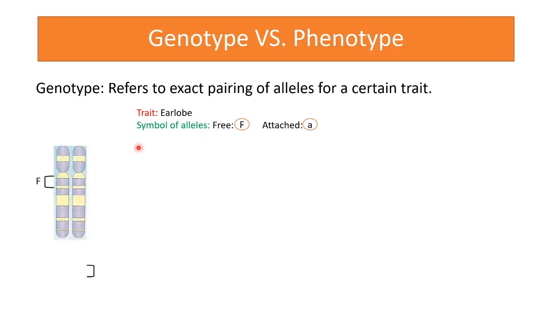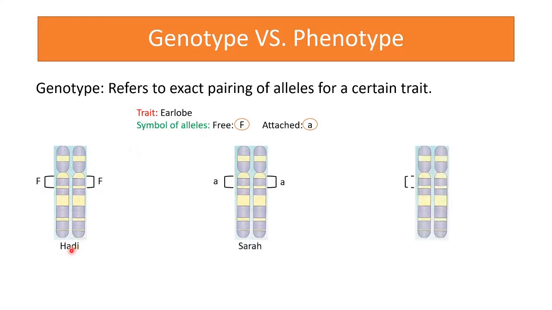In our example, if I'm going to take again the three individuals, Hadi, Sarah, and Noor, that I mentioned in the previous session as examples for the earlobe. We have noticed that Hadi has two free alleles.